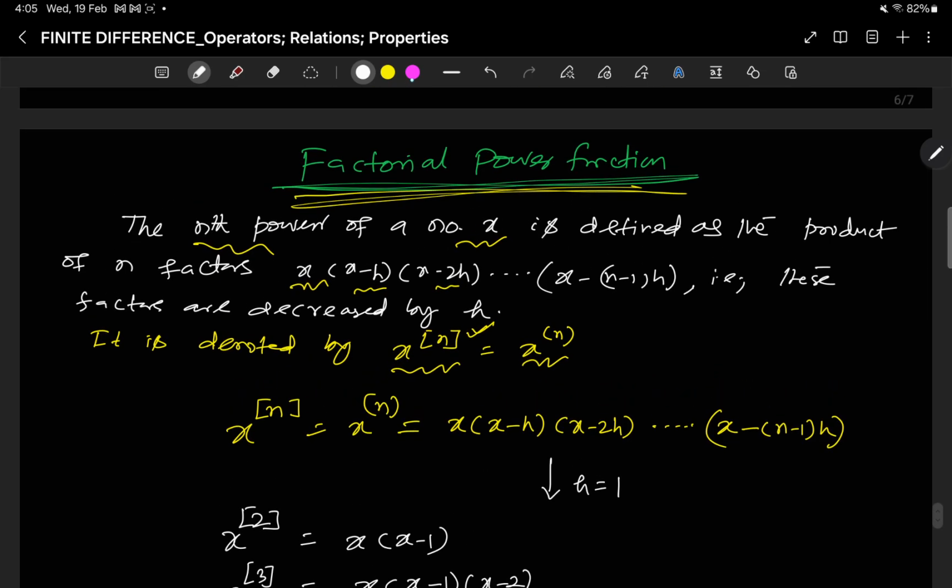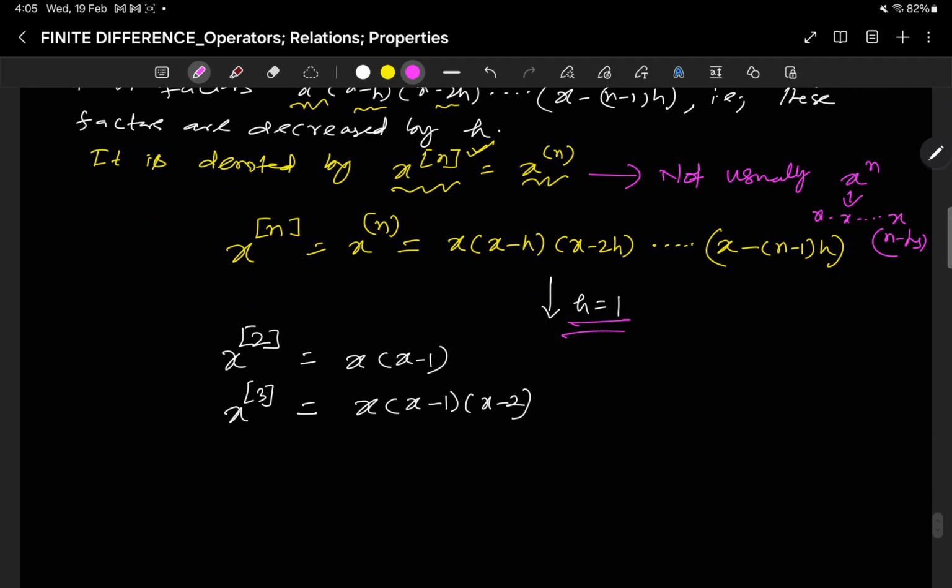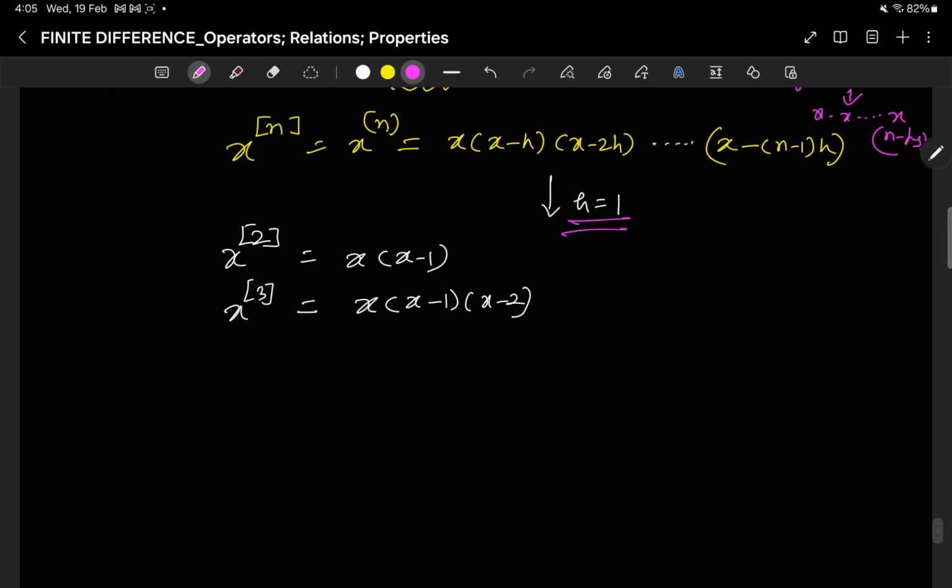Usually x to the power n means what? x into x up to x, n times, but here it is decreased by h, right? This is the difference. But the moment your h is equal to 0, then what will happen? Here x to the power n is the same thing as x factorial power n, is it not?